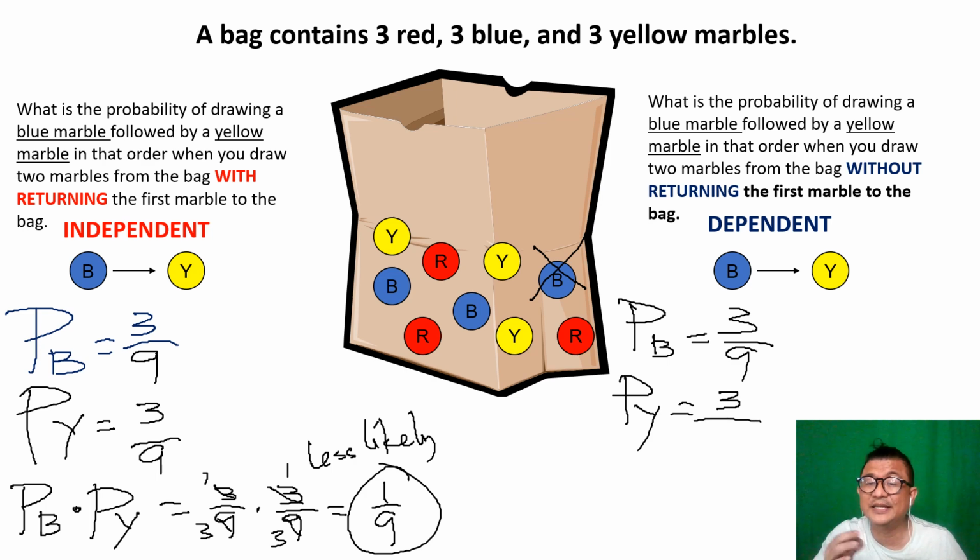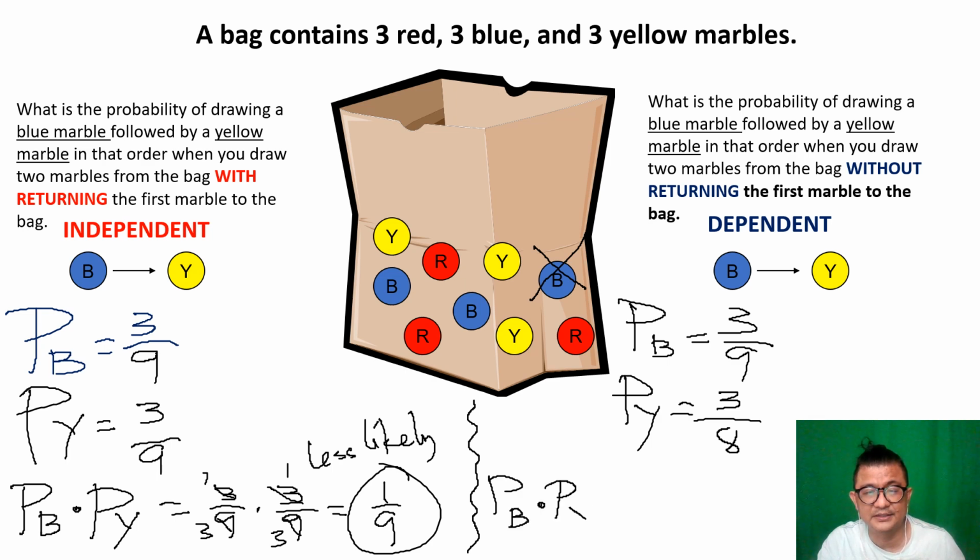But look at my denominator now. What will my denominator be? 1, 2, 3, 4, 5, 6, 7, 8. I'm not going to use 9. I'm going to use 8 because you're assuming that the blue was taken away already, right? So the final probability would be the probability of getting a blue times the probability of getting a yellow.